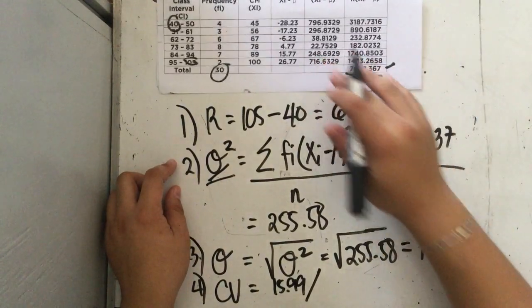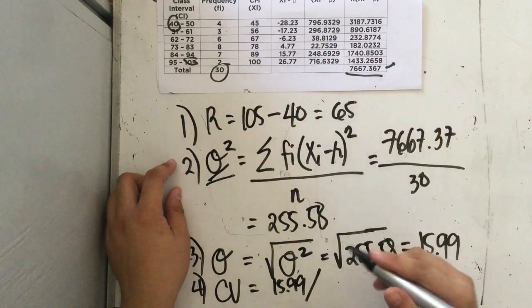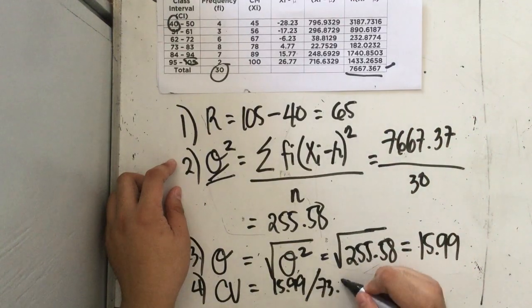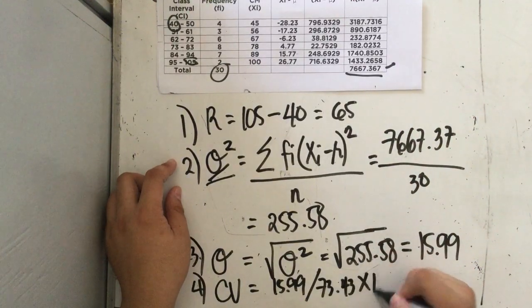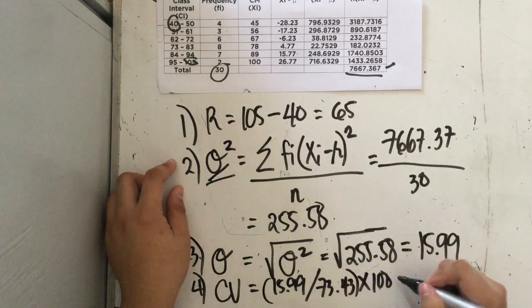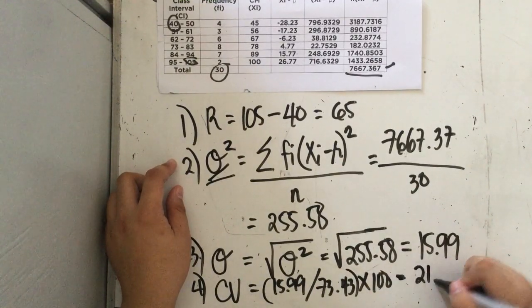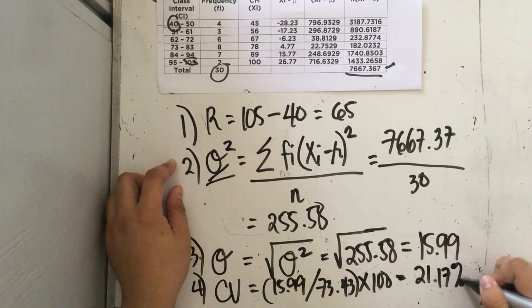Yung mean natin kanina, so we have 73.43 times 100. Okay, which is equal to 21.17%.